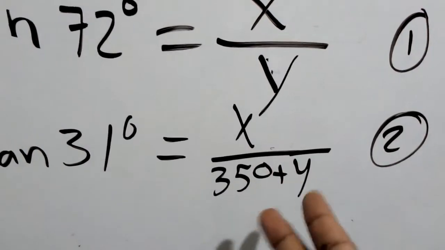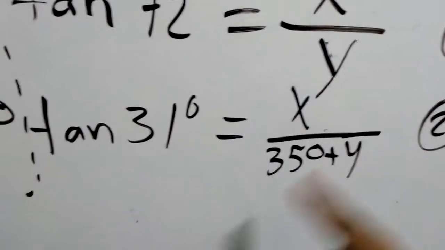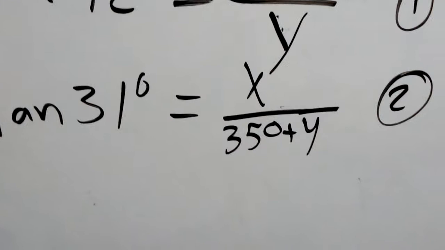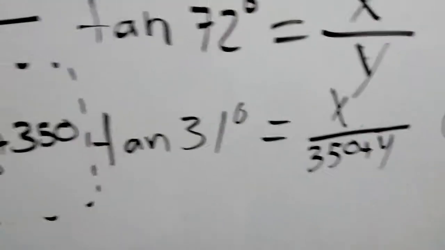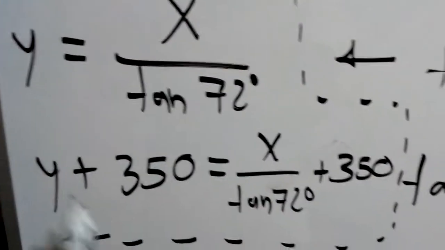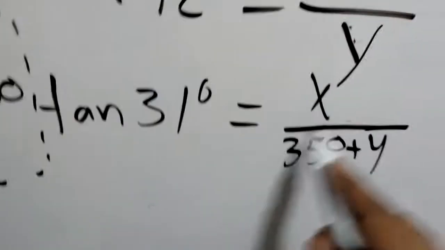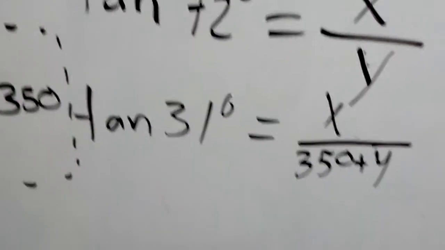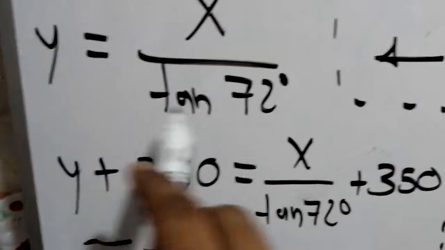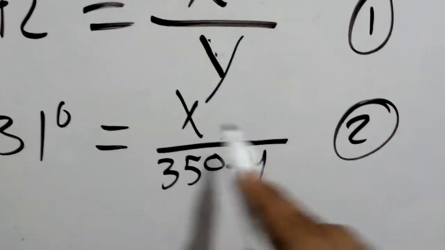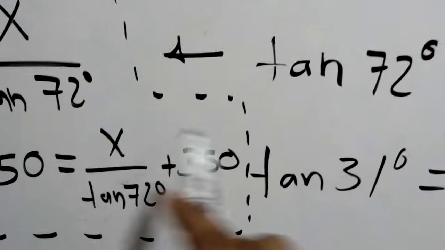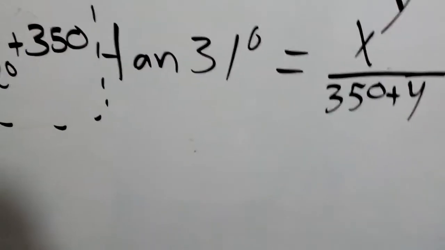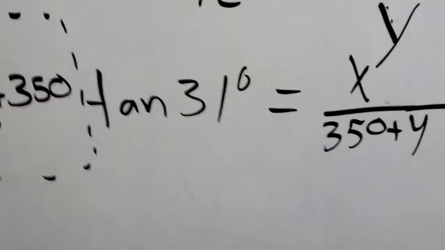Just remember, you can use commutativity here, just turn the sides, it's the same in addition. So now, instead of writing this, you can write this in equation 2. You can substitute in equation 2.